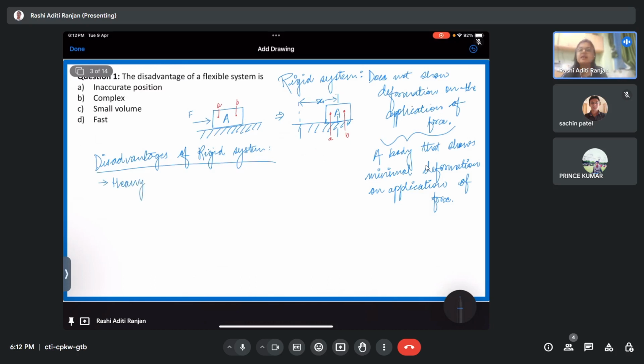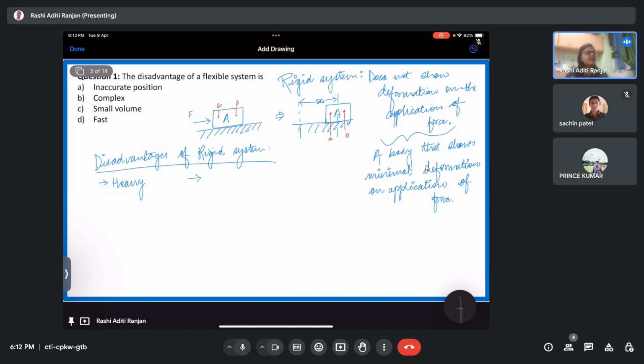Now, if anything is heavy, carrying it is definitely a difficult task, right? You know, these metals that are being used for various constructions or for making various kinds of devices, they are very heavy. Why? Because of the presence of metal. Correct, because of the presence of metal.